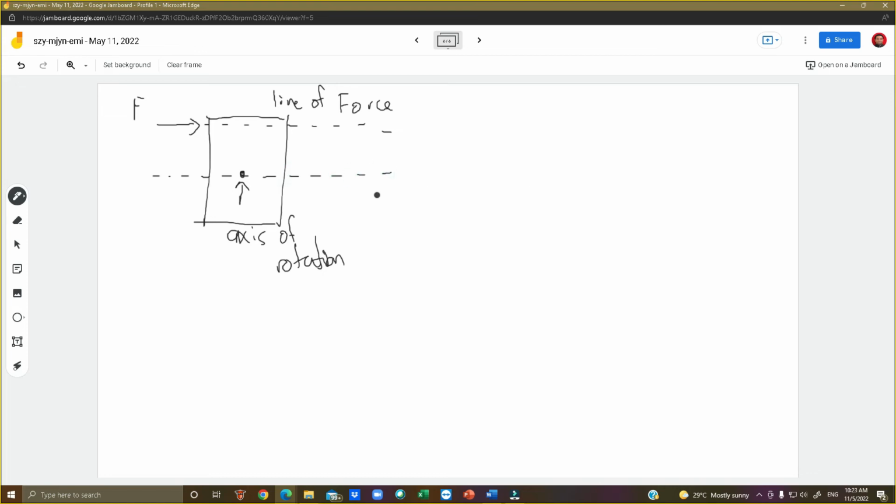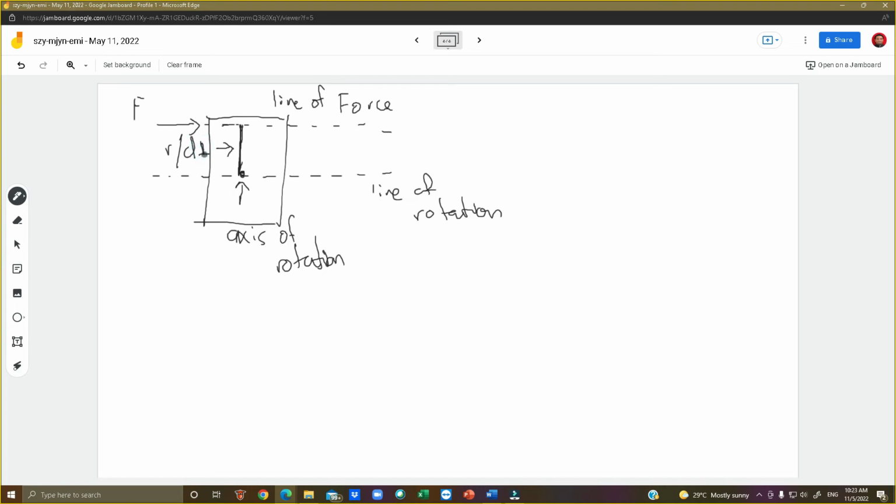This is known as the line of rotation. In between these two, the line connecting these two serves as R or D.